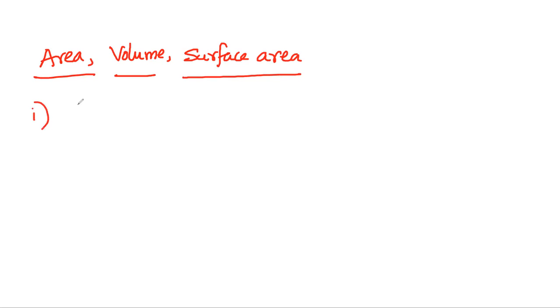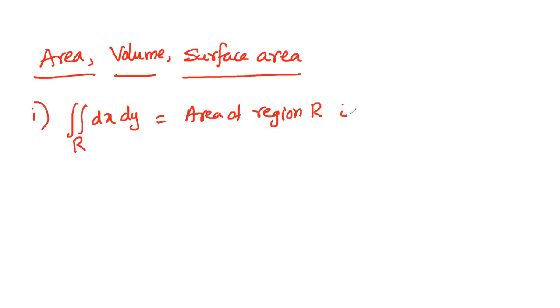First one, the double integral over R of dx dy is equal to the area of region R in the Cartesian system, which is in Cartesian form. Yes, the double integral refers to the area of region R, dx dy, in a Cartesian system.